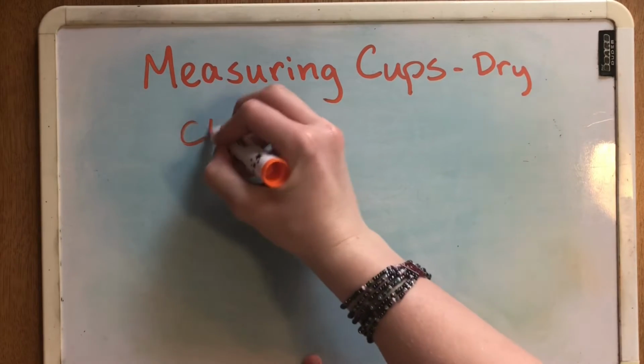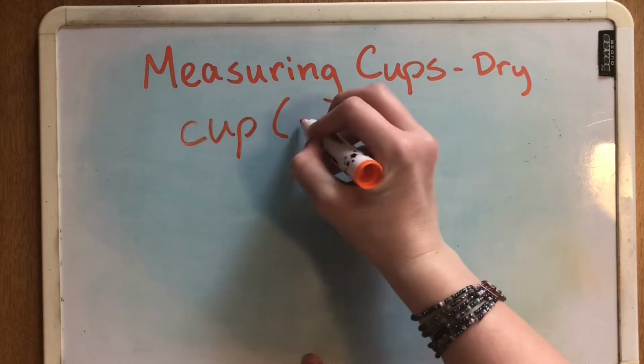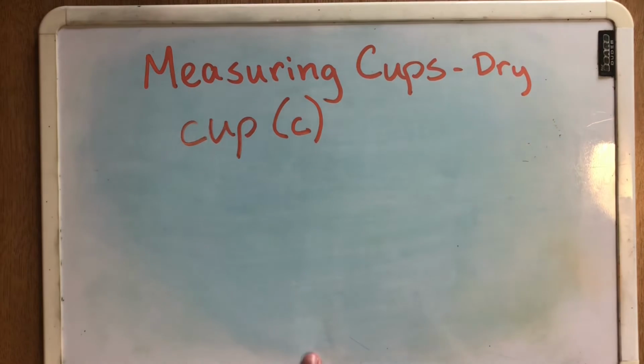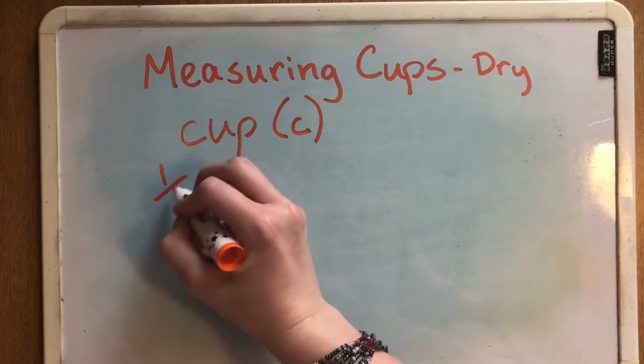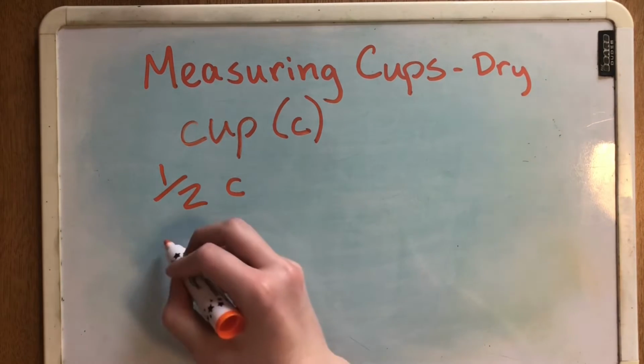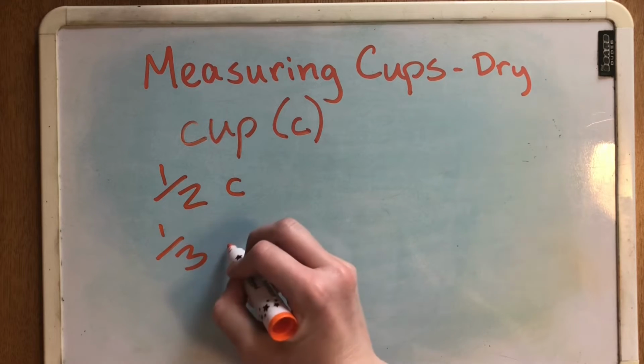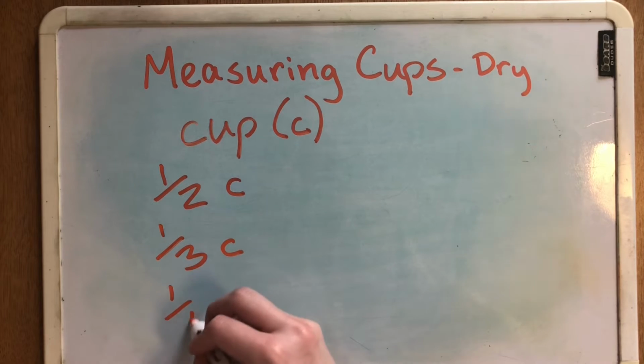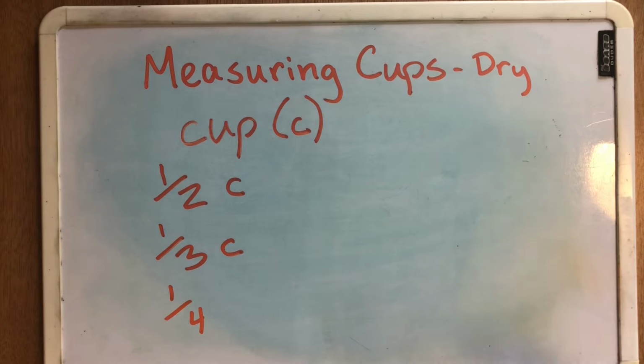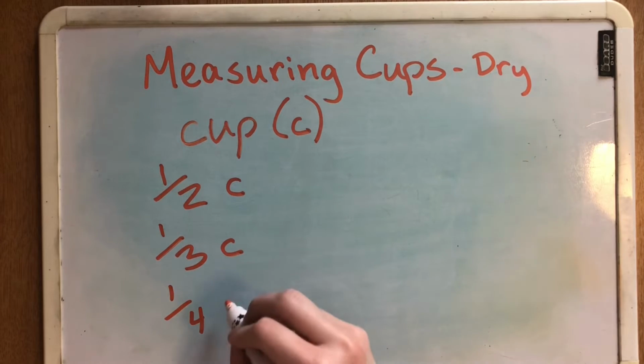So again, we have our cups, and I'm going to abbreviate that as C. We have half cup, third cup, and a quarter cup. And sometimes you'll see an eighth of a cup, but those aren't quite as common, so we're going to keep it from cup to fourth for now.